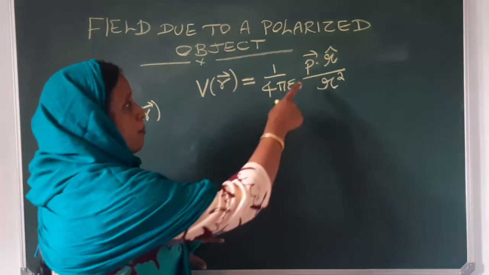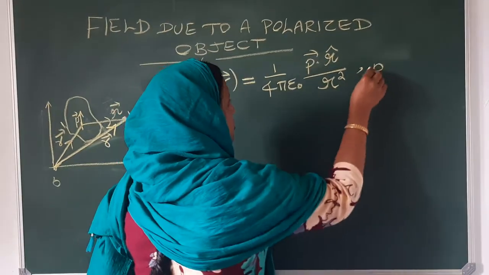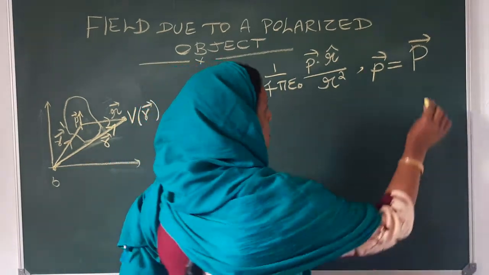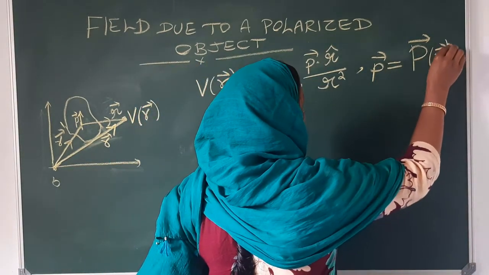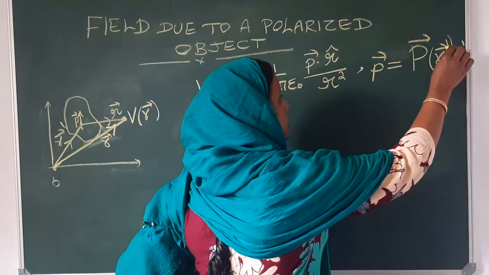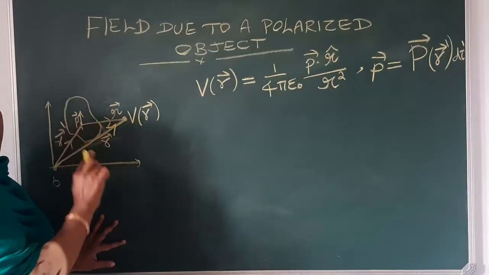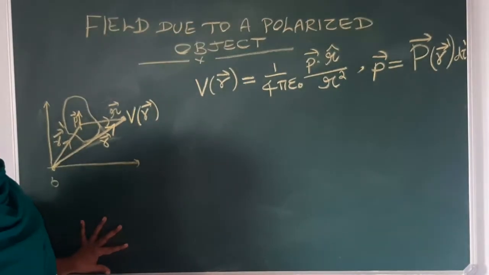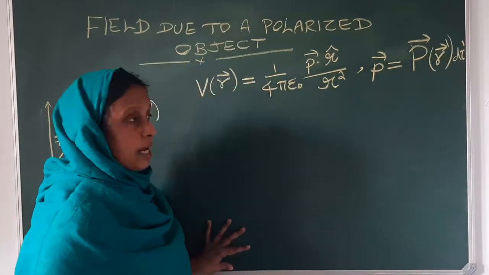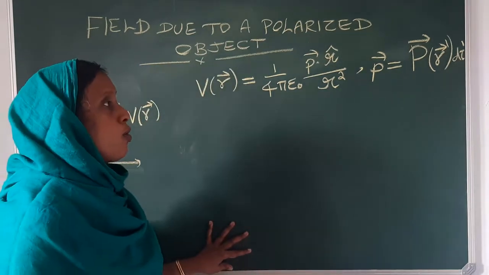So here you can write the dipole moment small p as capital P, the polarization, capital P of R prime, d tau prime. This position vector R prime represents the position in the polarized object. So polarization is a function of the vector R prime, and in the primed system we can represent the elementary volume d tau prime also.